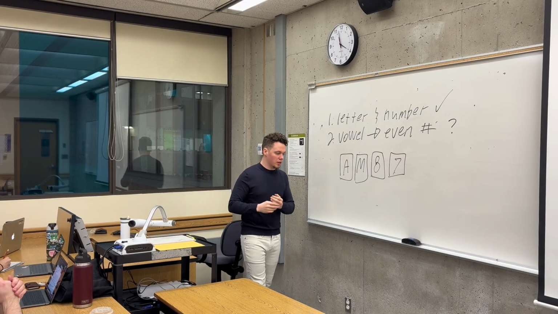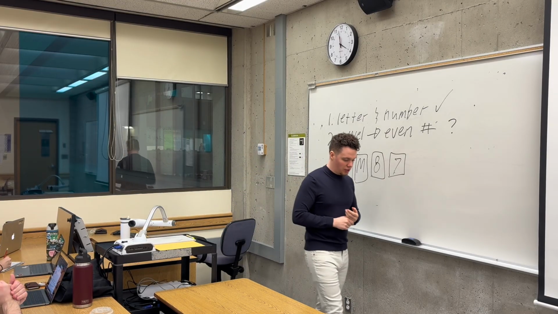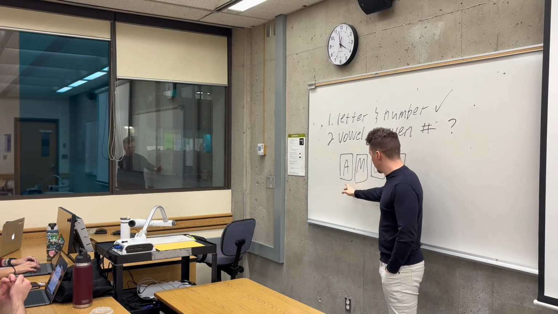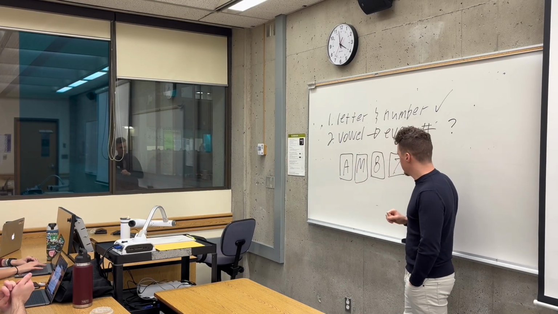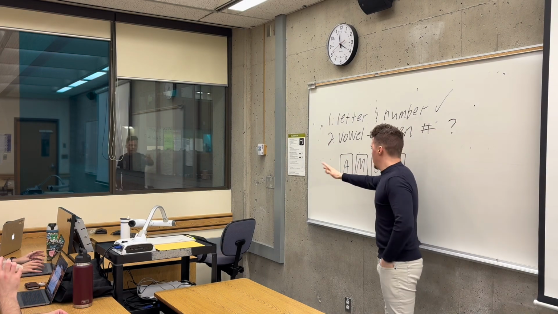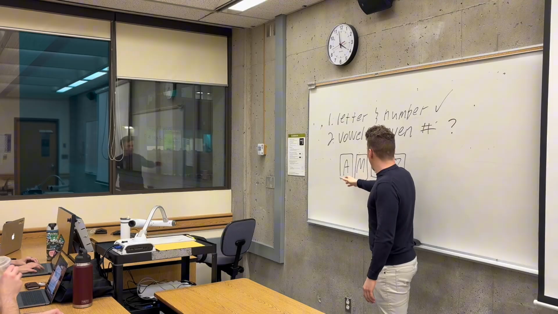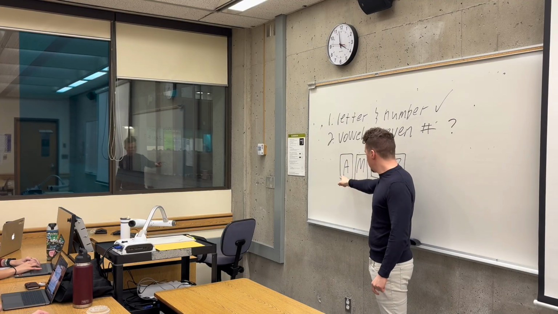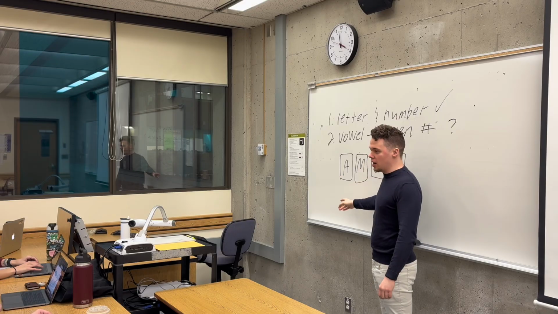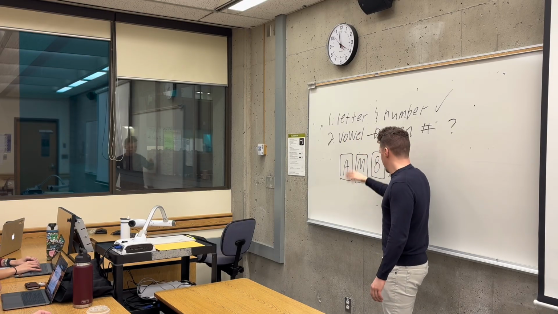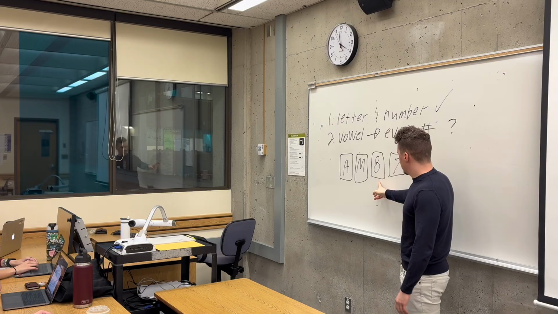Now, ignoring the strangeness of this because this is a psych class, let's think about the standard answer. The standard answer of the everyday person is A and 8. So A is right, obviously. If there's a vowel on one side, there's an even number on the other side. Okay, we have to check A. If we flip that over and there's an odd number, the rule is wrong, right? And it doesn't matter with 8.